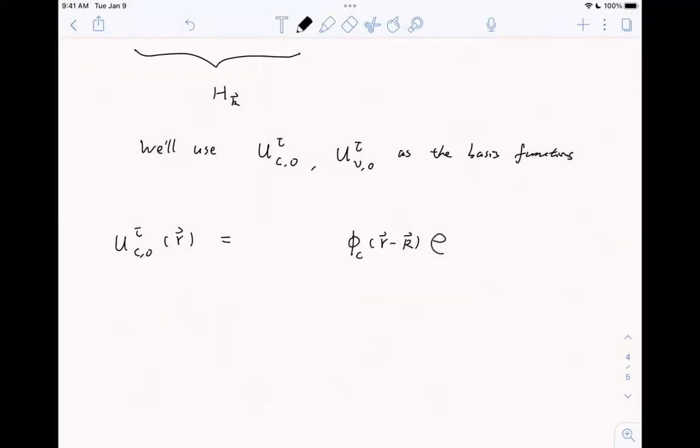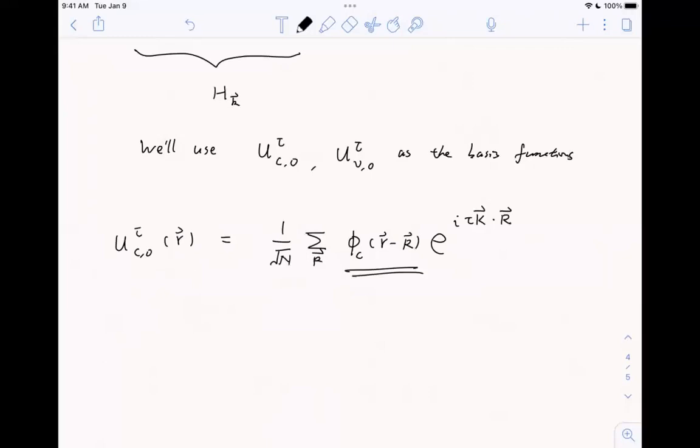Then you're going to have e to the i tau k dot the site, and then you're going to sum over all the sites, and then you will have a normalization factor of 1 over square root N. So this is a Bloch state.